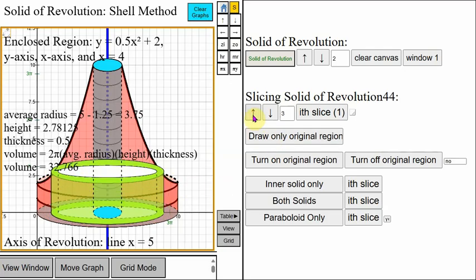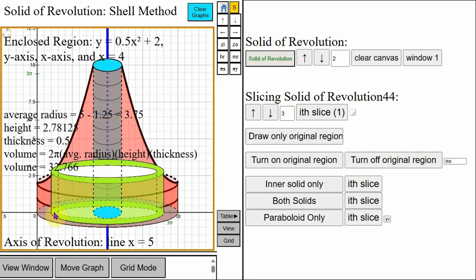And then here's shell number 3. The distance for the outer radius is 4. The distance for the inner radius is 3.5. So the average radius for shell number 3 is 3.75. And then at the middle right here, the distance from here to the y-axis is 1.25.